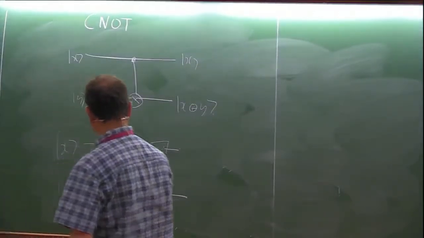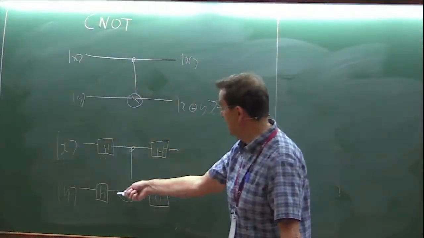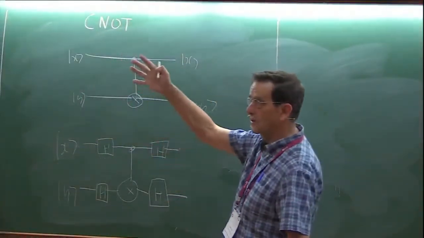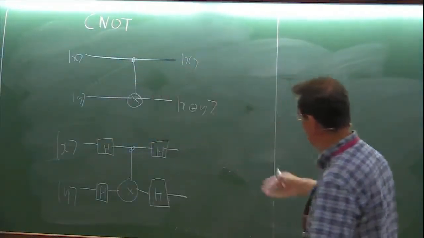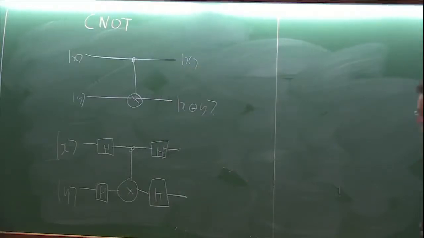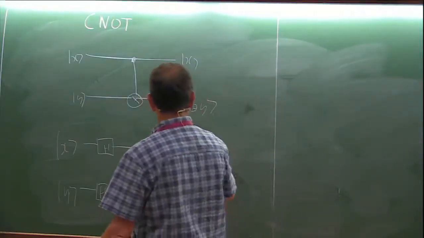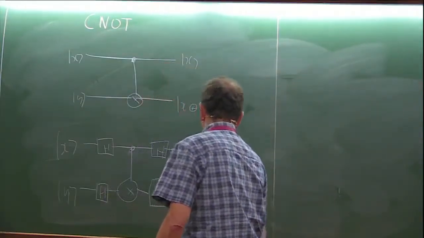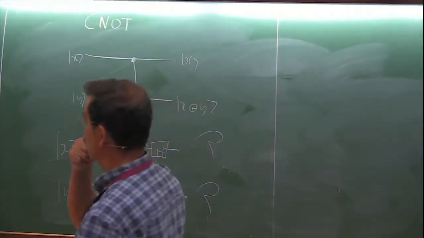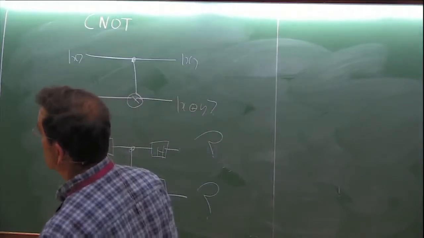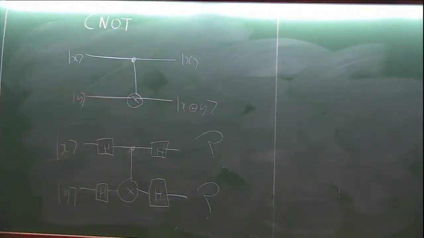These are computational states, but these Hadamards on the left, they give us linear combinations of zeros and ones. And then the Hadamards on the right also transform linear combinations of zeros and ones. So the question is what do I get at the output? Okay, so that's what I've put here.